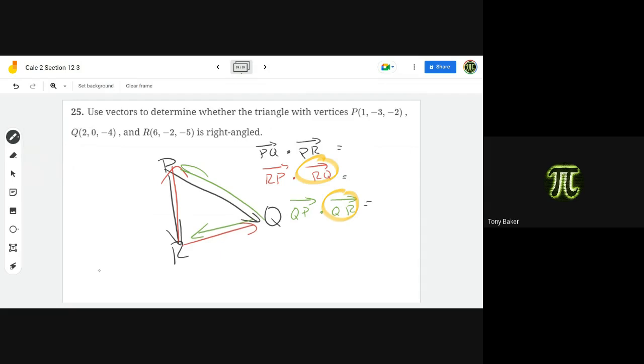Let's see. 2 minus 1 is 1. There's 3. And negative 2. Five.